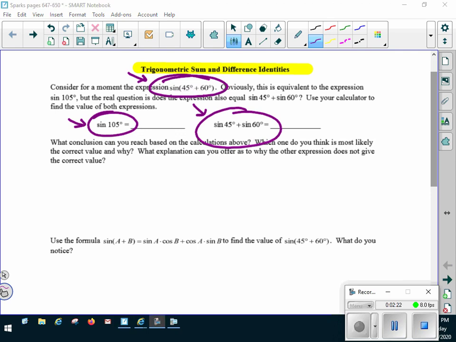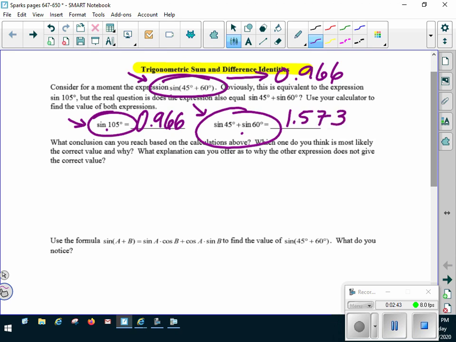What is this one? 0.9659, so 0.966. What's this one? 0.966. What's this one? Now, we know which 2 are the same.